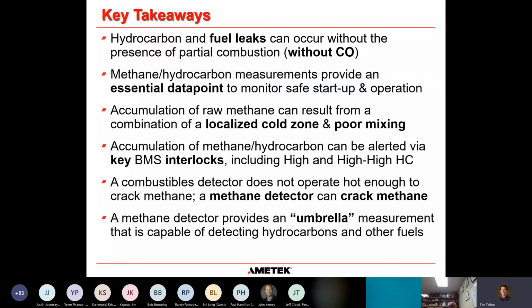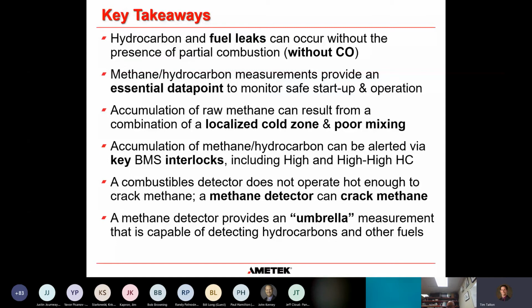And again, accumulation of methane and hydrocarbon within a heater can be alerted by various interlocks that we described before, so a high hydrocarbon alert mechanism or interlock. And one thing I want to reiterate is that a combustible detector does not operate hot enough to crack methane.